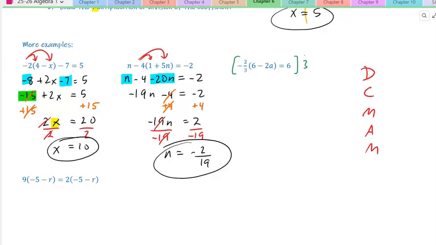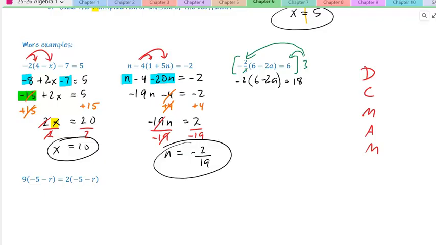Now, on this side, the 3 is just multiplying everything here because this is all being multiplied together already. So all that really does is cancel out that 3. And so we're left with just -2 outside (6 minus 2a) and equals, now I have to multiply the 3 times the 6, and that's 18.